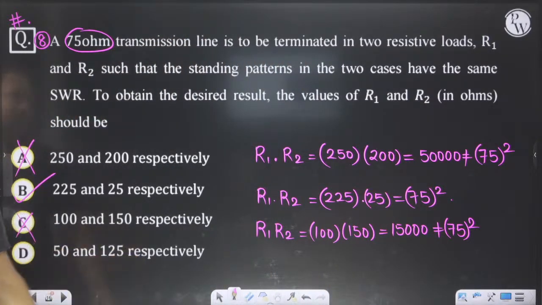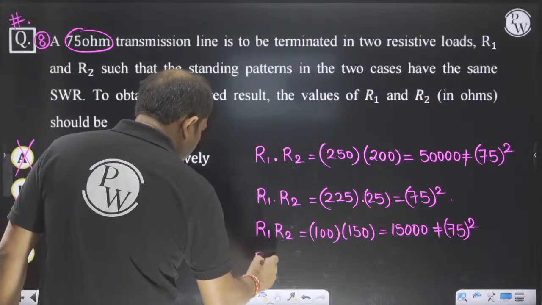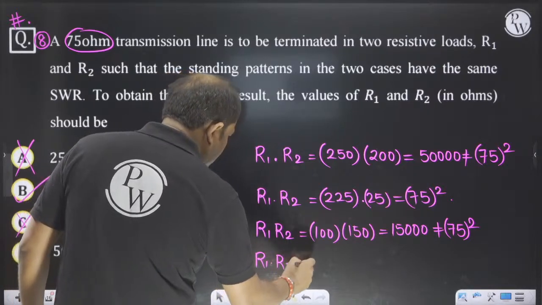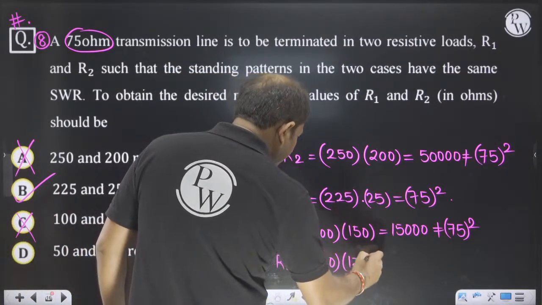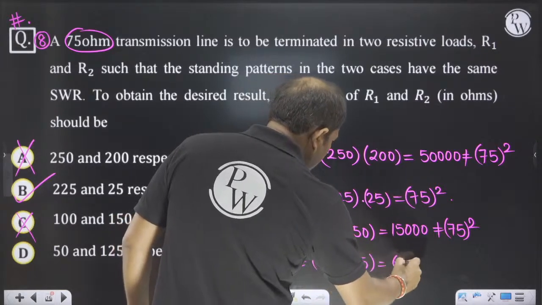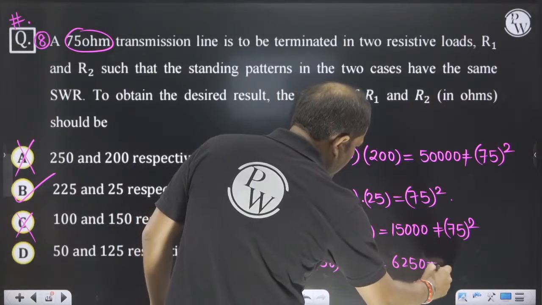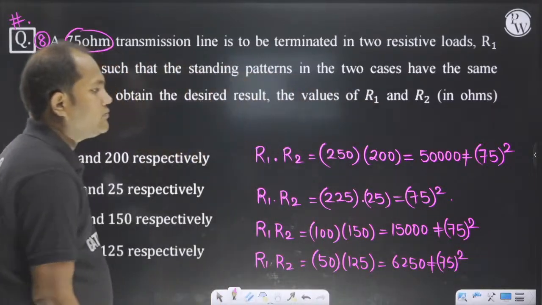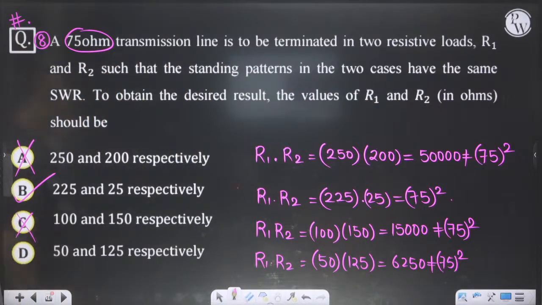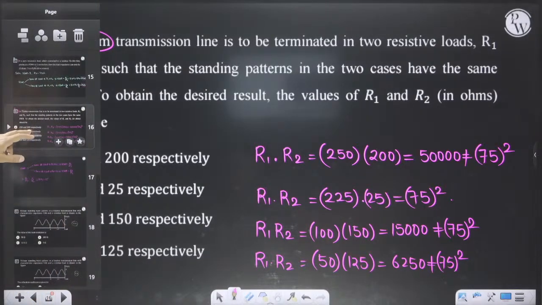Then we have 50 into 125, which is 6250, not equal to 75 square, so this one is also wrong. So our answer is only B, because in this case the VSWR is the same.